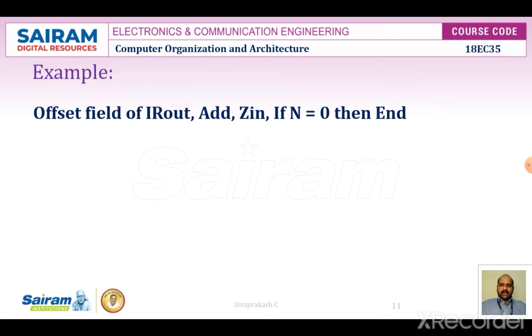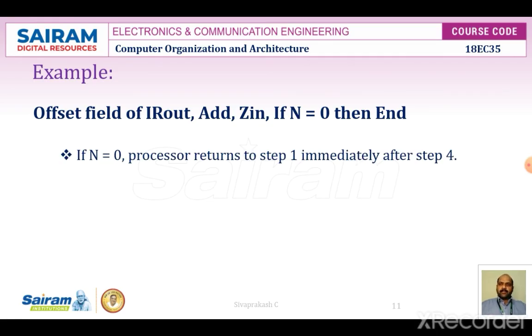Let us have a small example. Offset field of IRout, Add, Zin. If N is equal to 0, then end. This is the condition given here. If N is not 0, what has to be done? If N is equal to 0, the processor returns to step 1 immediately after step 4.